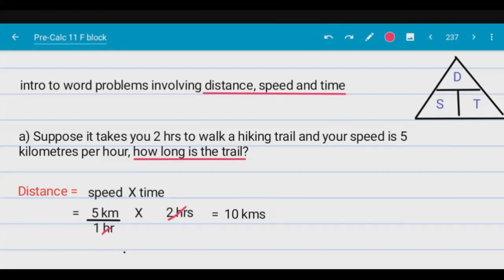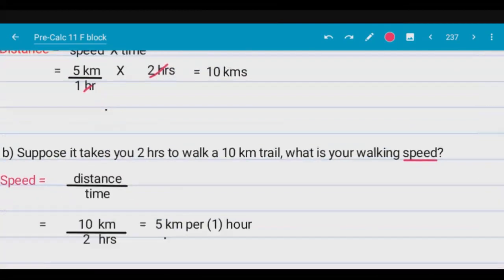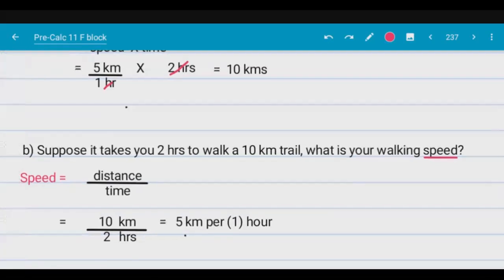Okay. Let's take another example. Suppose it takes you 2 hours to walk a 10-kilometer trail. What is your walking speed? So I just manipulated the previous example. This time, we are talking about the number of hours it takes to walk the trail, which is 10 kilometers. What is the speed? So if distance is equal to speed times time, therefore, speed is equal to distance divided by time.